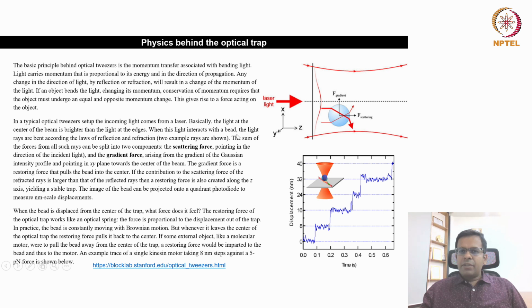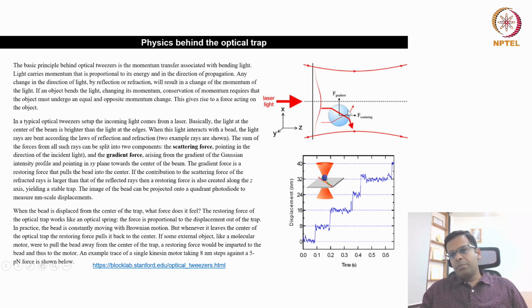When this light interacts with a bead, the light rays are bent according to the laws of reflection and refraction, and the sum of the forces from all such rays can be split into two components: the scattering force pointing in the direction of the incident light, and the gradient force arising from the gradient of the Gaussian intensity profile and pointing in the xy plane towards the center of the beam.